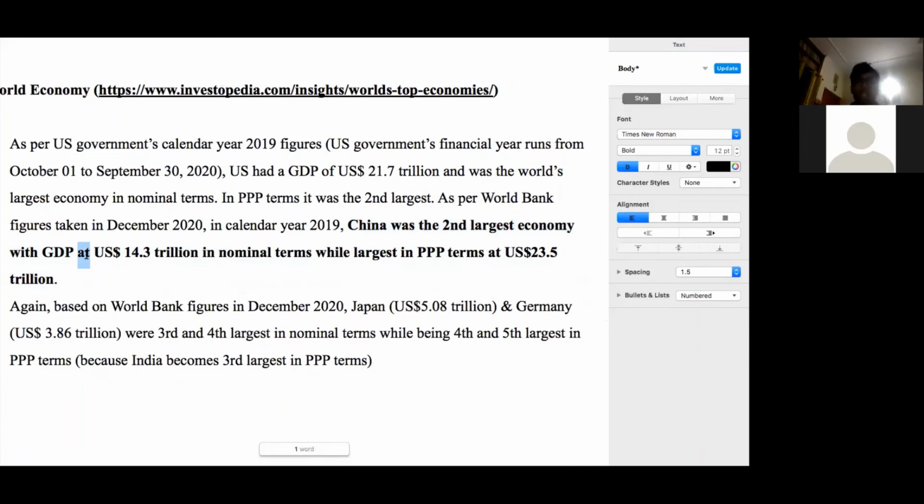So if we consider the cost of living and bring in the PPP terminology, then China is actually producing more goods and services right now compared to the US. China is actually the largest economy in the world.